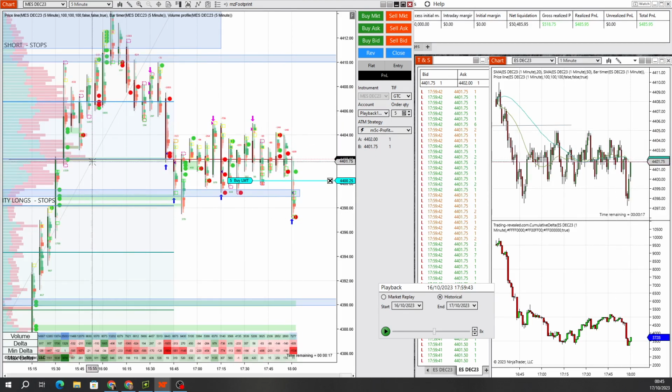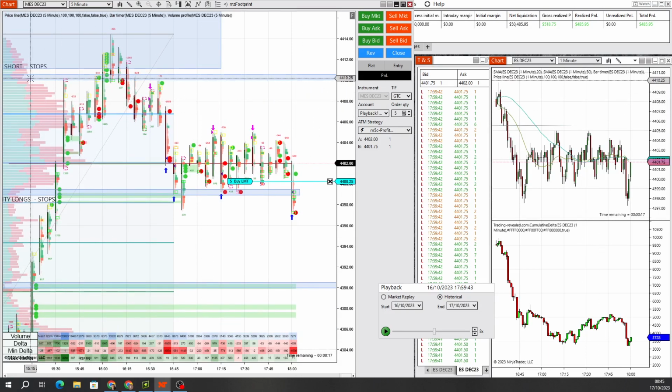And because this node is higher than that node, it's bigger, it's more traded, then the price should either push through these stop losses higher into that stop losses, or we'll just drop and go lower.